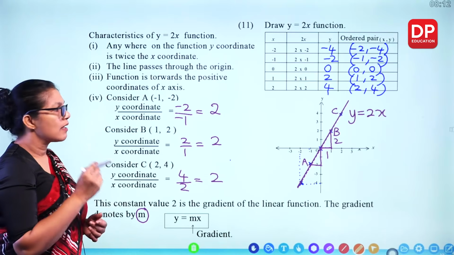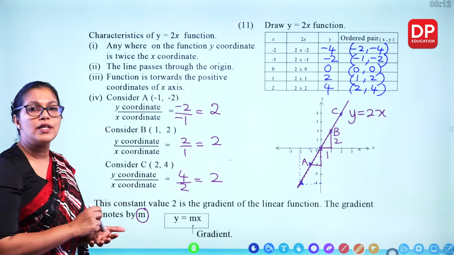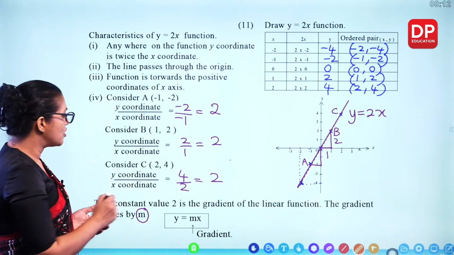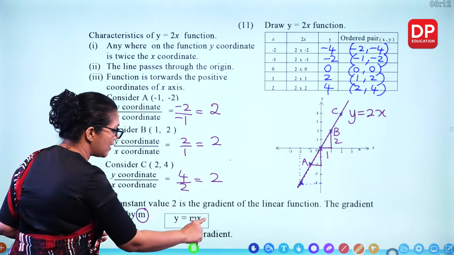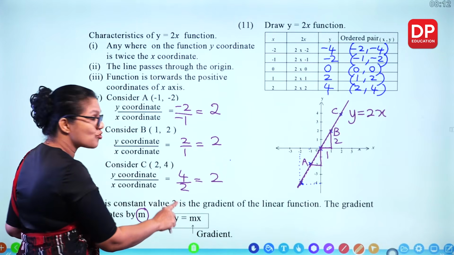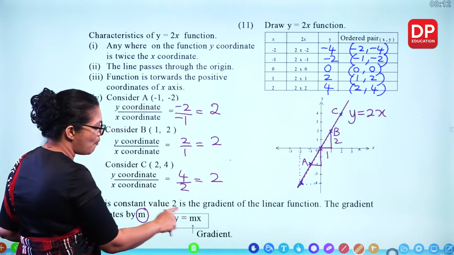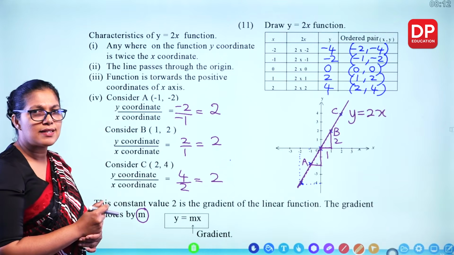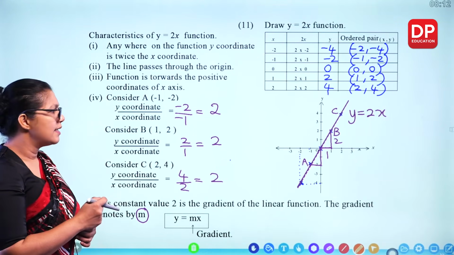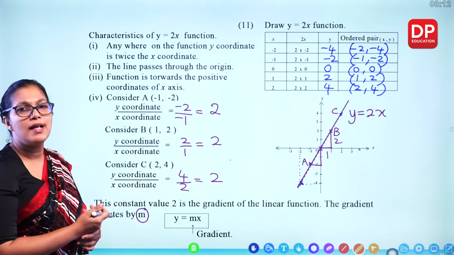This graph passes through the origin. So what's the general form of a straight line that passes through the origin? We can write y equals mx. M we call the gradient, sometimes the slope, the steepness of a line.